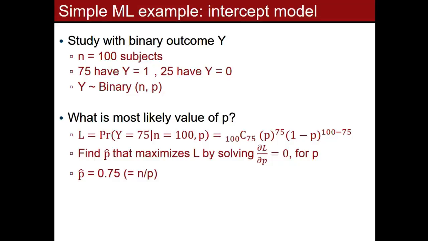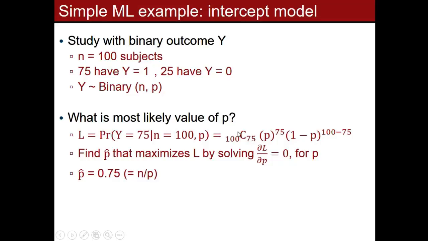But that's actually a huge leap of faith, right? You intuitively think that's the most likely outcome, just because 75 have it. The reason it mathematically works out that way is that this is the probability distribution, but it's also the likelihood function for your data.